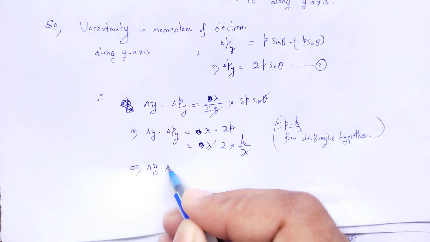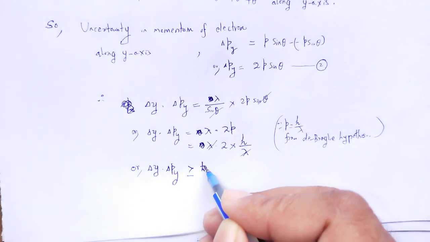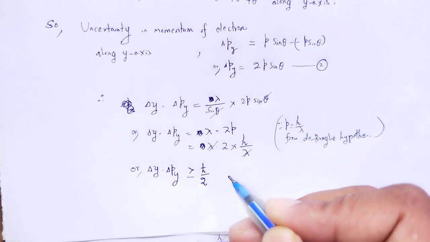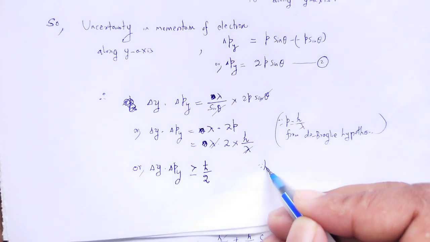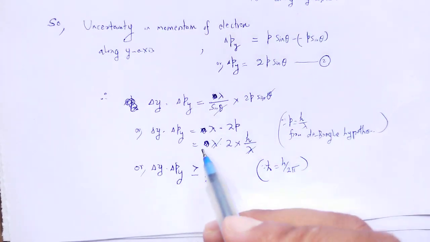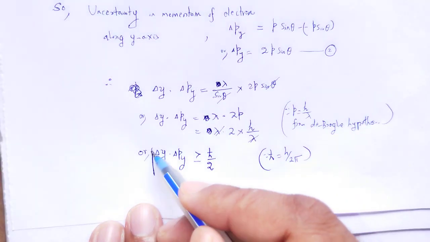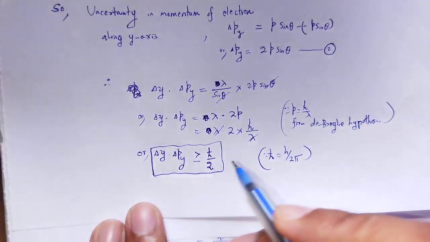Delta y delta py is greater than or equal to h cut divided by 2. As we know, h cut is equal to h by 2 pi, so this is greater than or equal to h cut by 2.